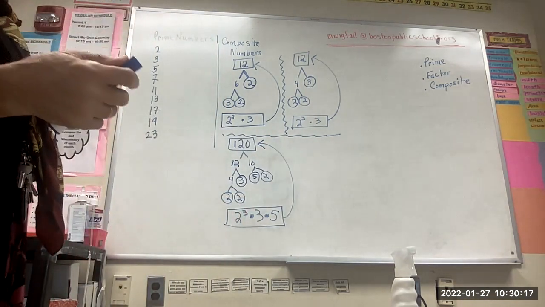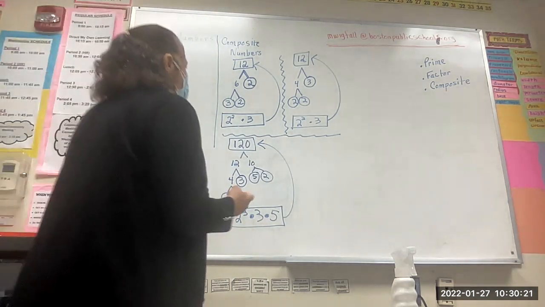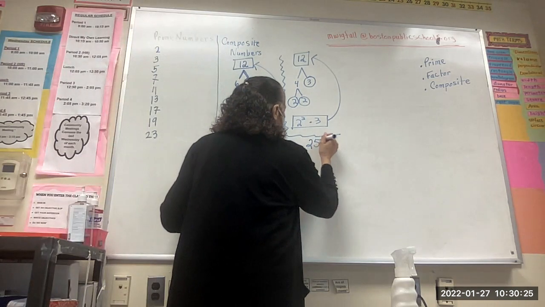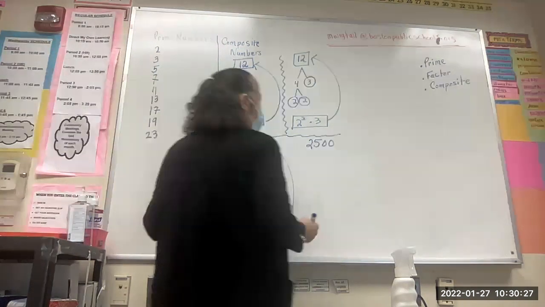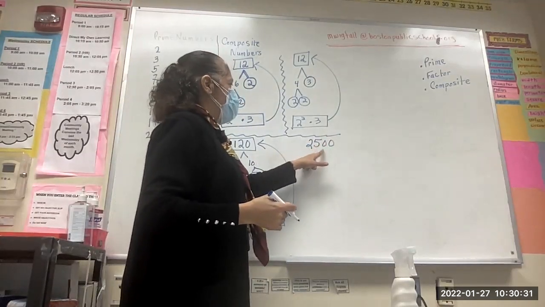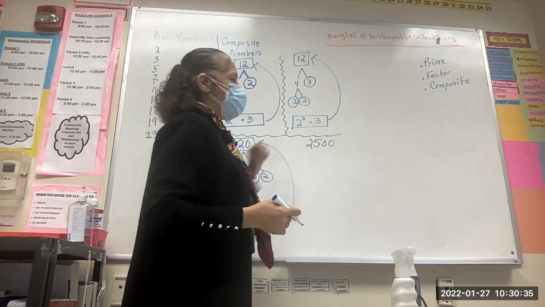Let's do one more. Let's say I give you 2,500. That's a pretty big number. But the good news is because it ends in zeros, it's 10 times the number without the 0, 10 times the number without the 0 again, and 25 times that.